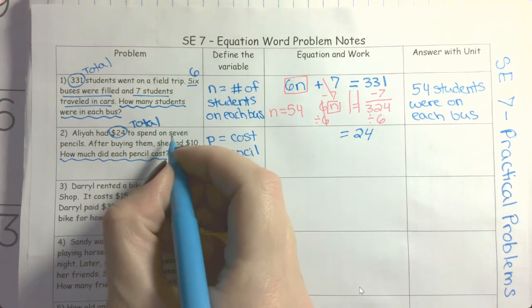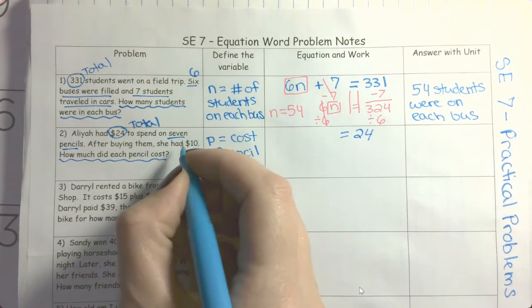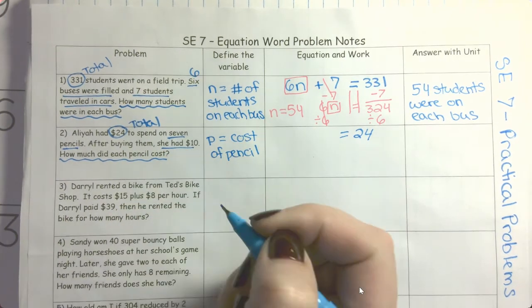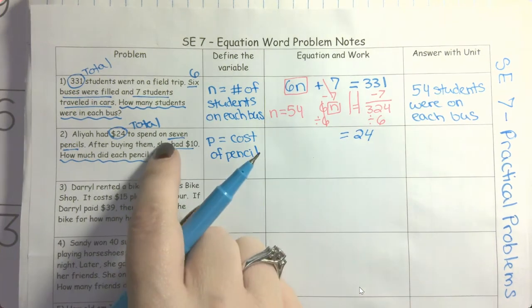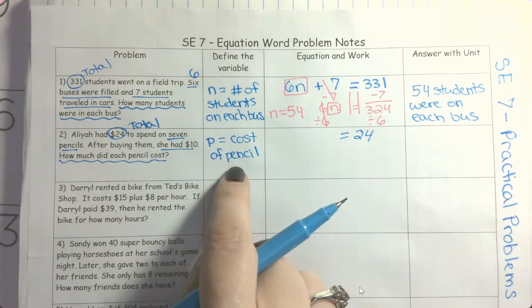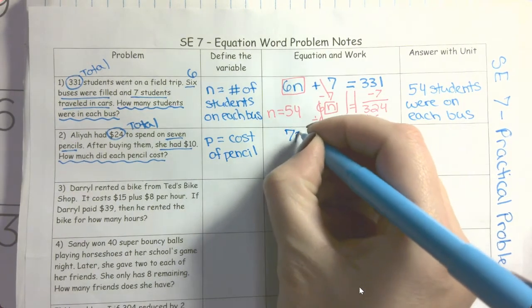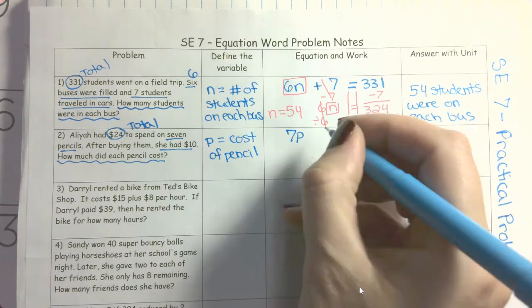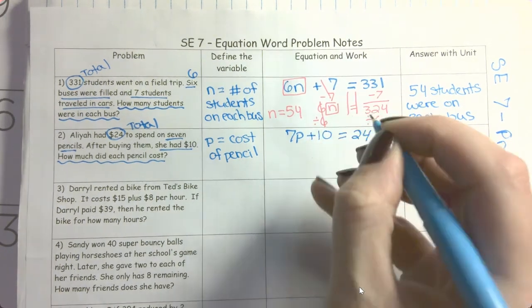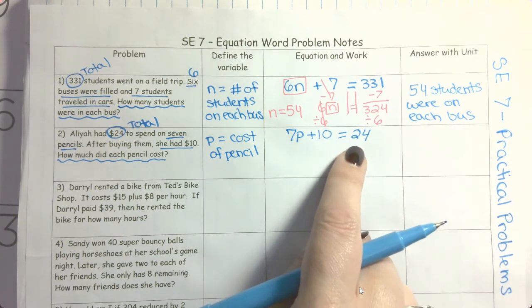She spent money on 7 pencils, and then she had $10. So 7 times the price of the pencil, which we don't know, you would represent by writing 7p. Then she had $10 left over after that. So 7 times the price of the pencil plus $10 would give her the 24 that she started with.